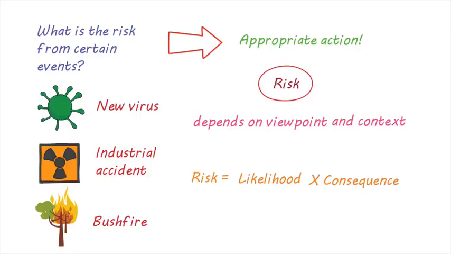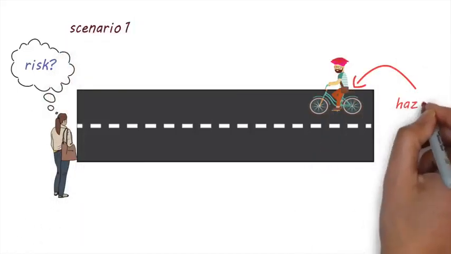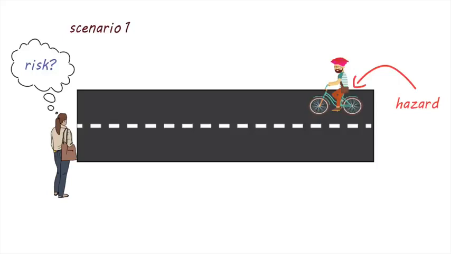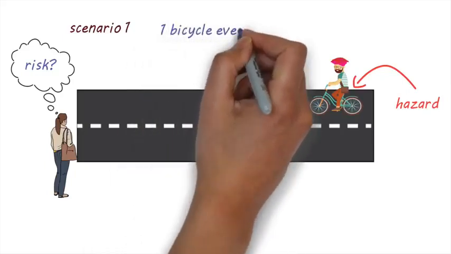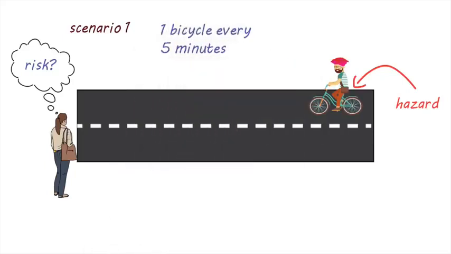Let's have a look at an example. Say you have to cross a road and you're trying to figure out what the risk associated with this is. Let's take a look at some different scenarios. In the first scenario, our hazard is a bicycle. Let's assume there are only bicycles allowed on this road. Let's also assume that the road is not that busy and there's only one bicycle every 5 minutes on that road.